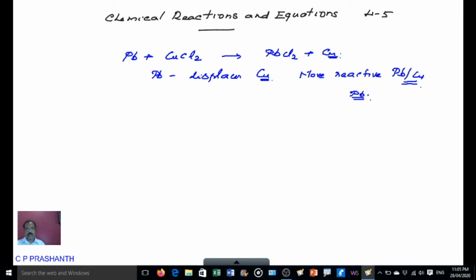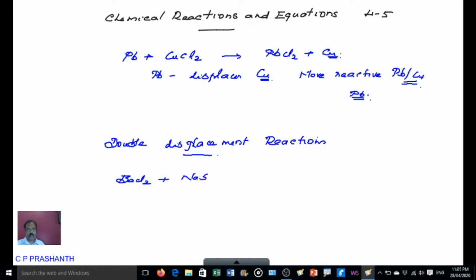Now let us discuss the double displacement reactions which we have seen. One reaction we have observed just now, one reaction we had observed in the previous classes. So we will discuss both the reactions, double displacement reactions. We have seen barium chloride reacting with sodium sulfate. Sodium sulfate is Na2SO4.